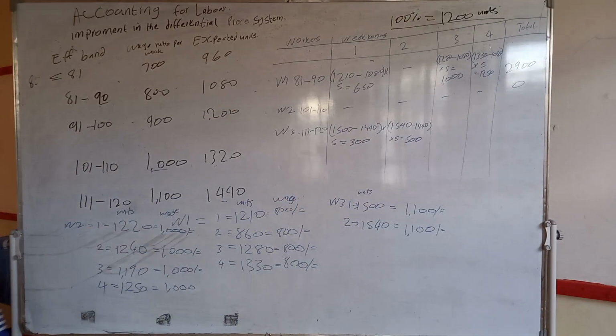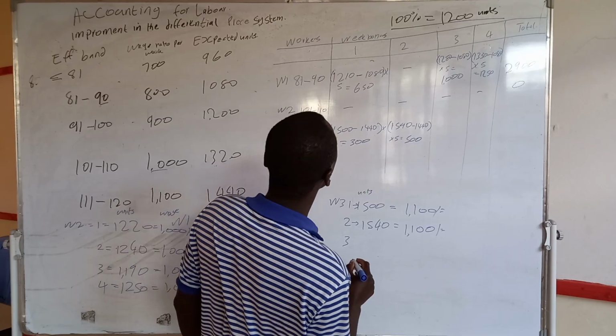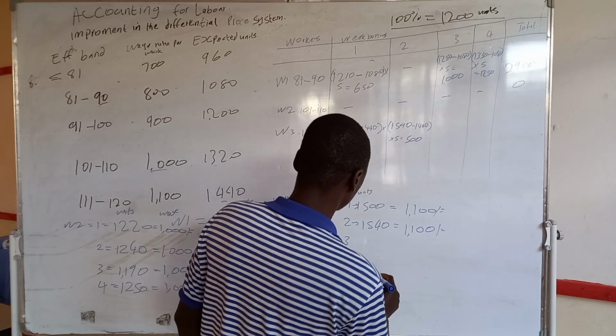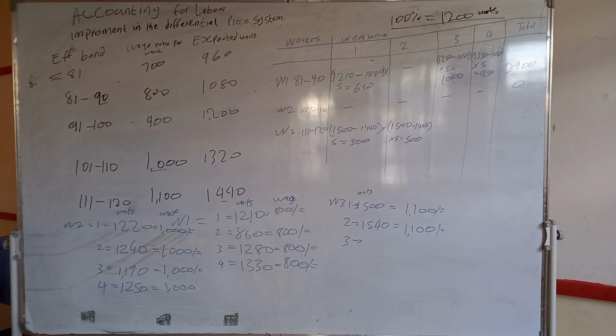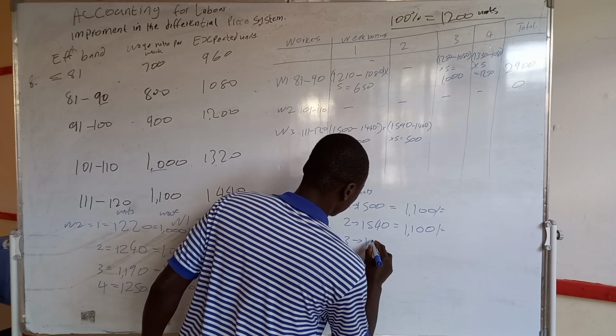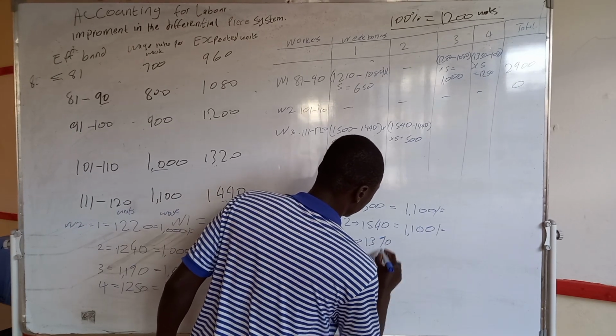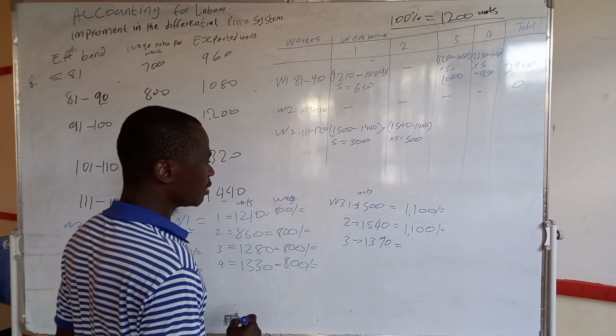We go to week 3. In week 3, he produced 1,390.